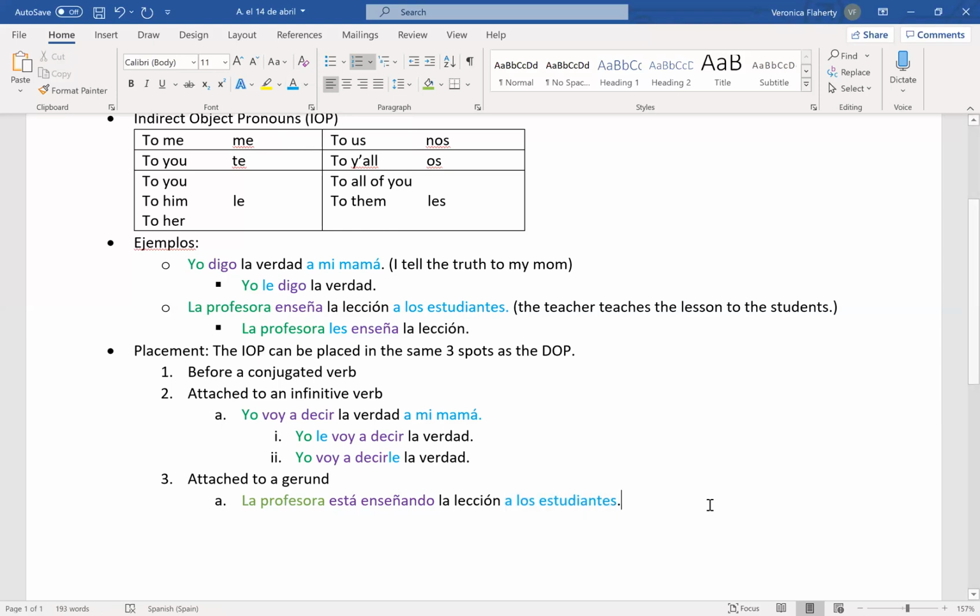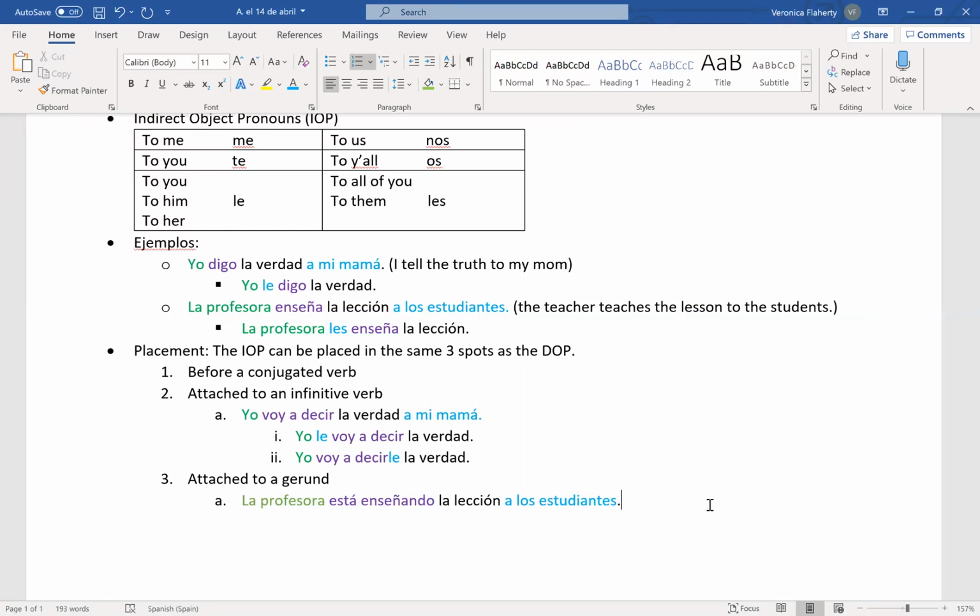I'll wait a second because I can hear some people writing. Okay, so what are we going to replace a los estudiantes with? Attached to enseñando. Yes, we can attach it to enseñando. And what are we going to attach?